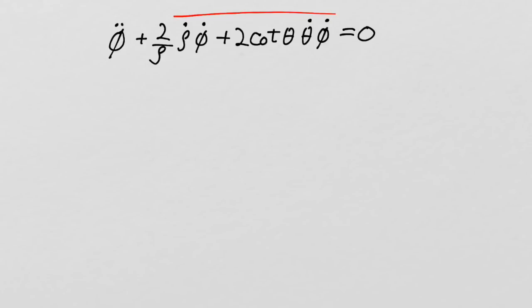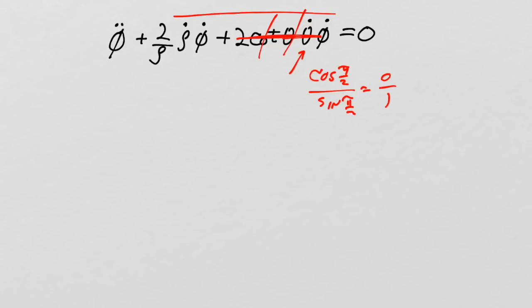For pi over 2, the cotangent is going to be cosine pi over 2 divided by sine pi over 2, which is going to be 0 over 1. So I guess this term goes away entirely. Well, it goes away anyway because of the phi dot, right? So this whole thing goes away, and we're left with the part on the left, 2 over rho, rho dot, phi dot.